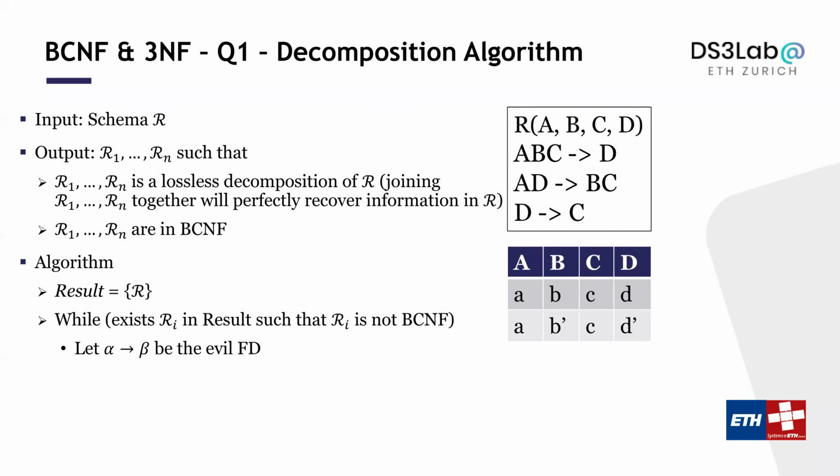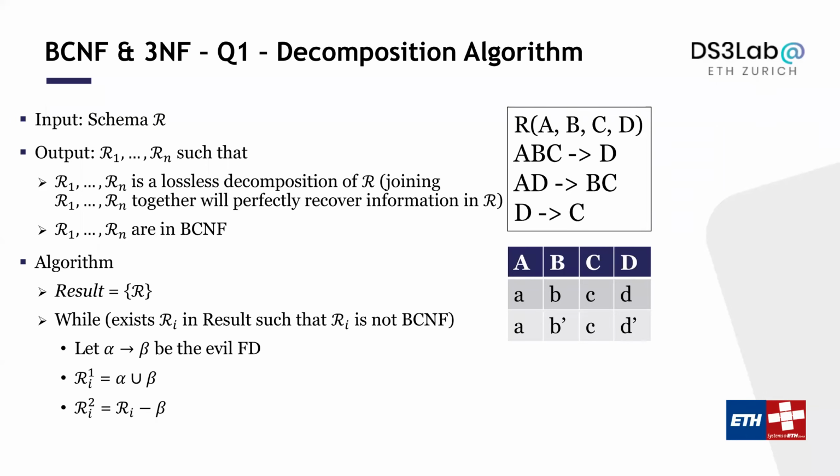Evil means that because of that functional dependency, this relation Ri is not in BCNF. You take that functional dependency and decompose Ri into two even smaller relations. The first relation, Ri1, contains the attributes which are the union of alpha and beta, both the left-hand side and right-hand side. And the second relation, Ri2, contains all the attributes in Ri except those in beta.